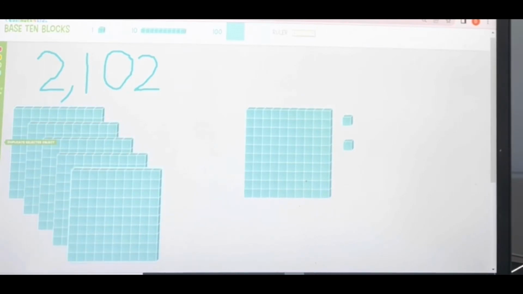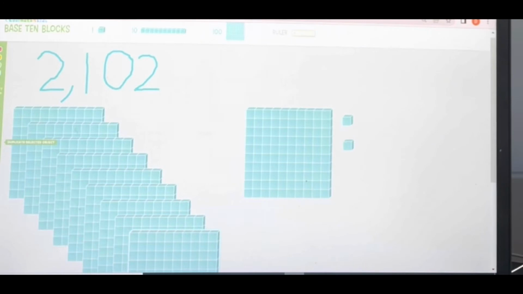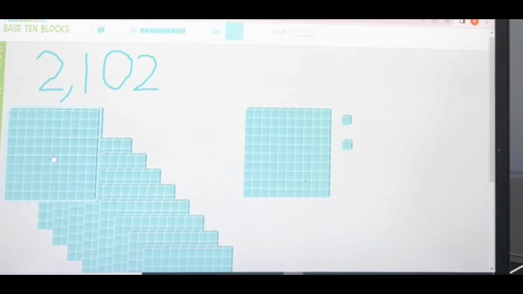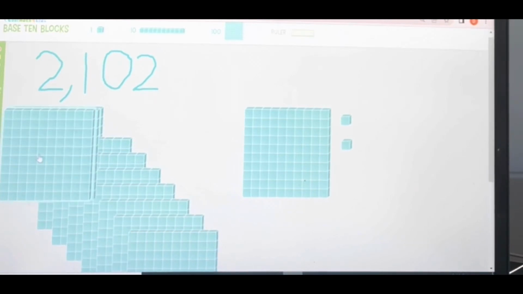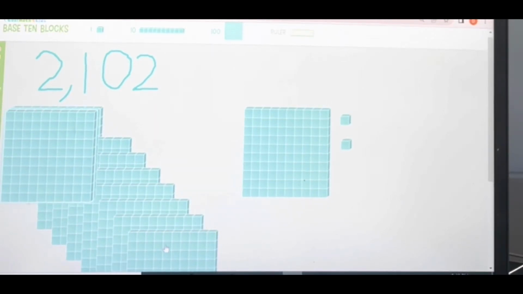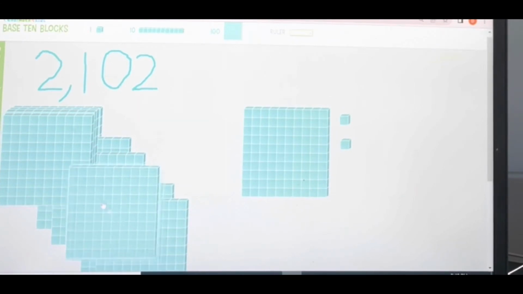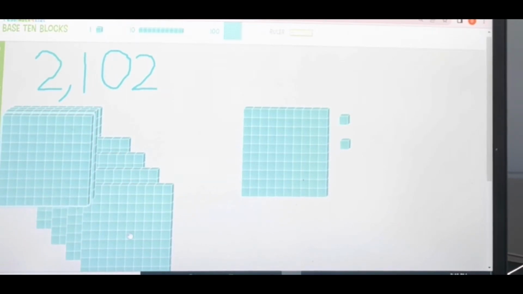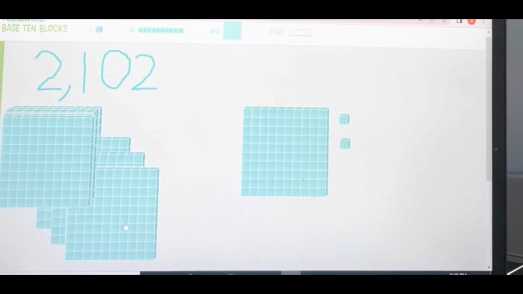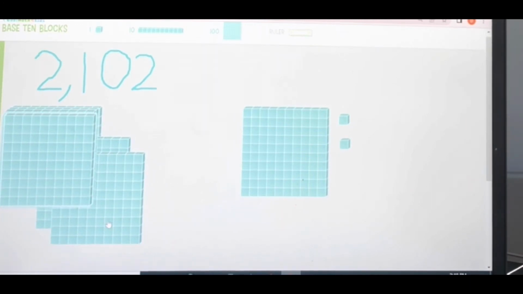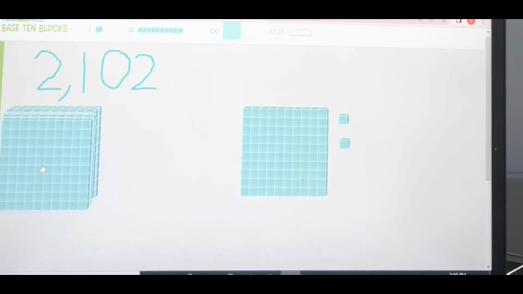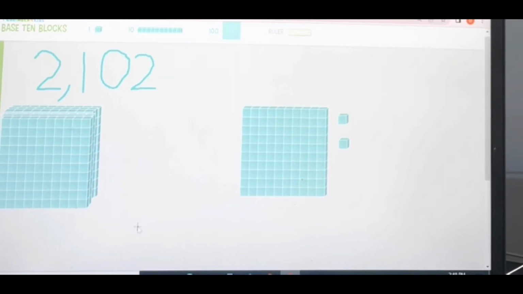100, 200, 300, 400, 500, 600, 700, 800, 900, 1,000. So we got our first 1,000 block there.